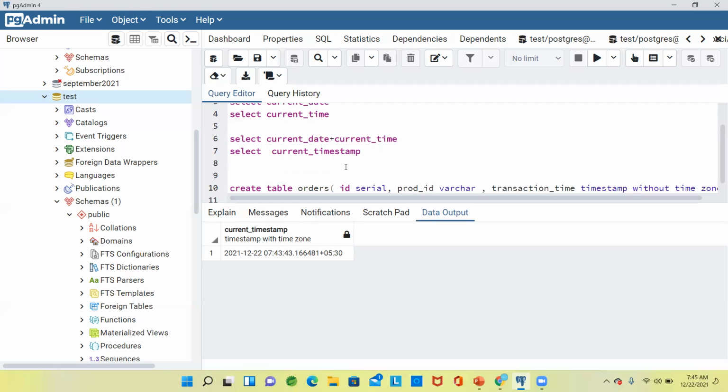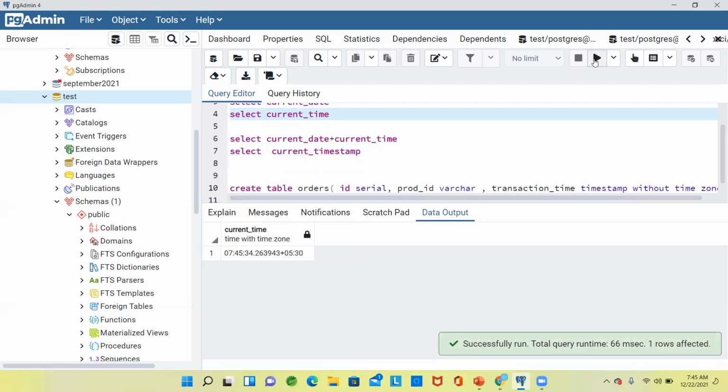So what is the difference between a time and timestamp? So what is the current time? Means time with the time zone. Now without the time zone, you will get a timestamp.